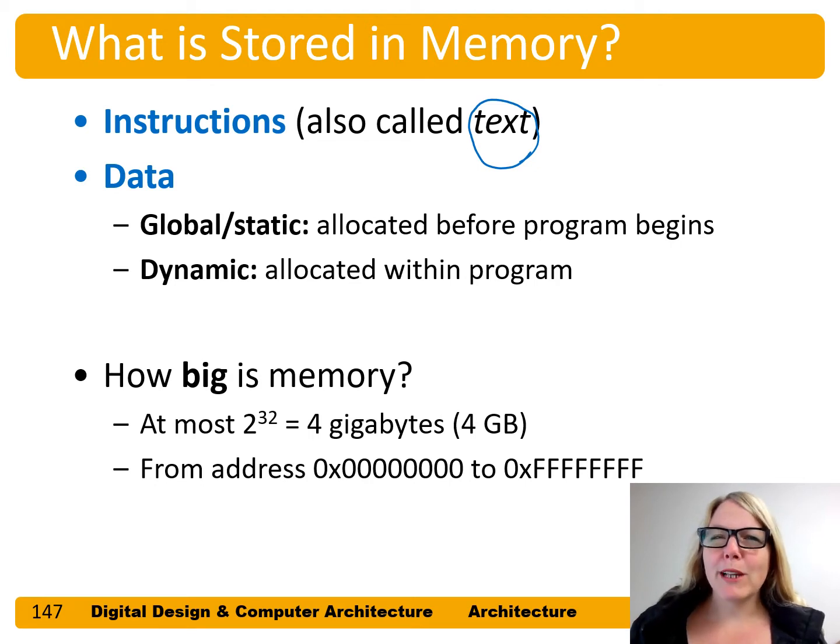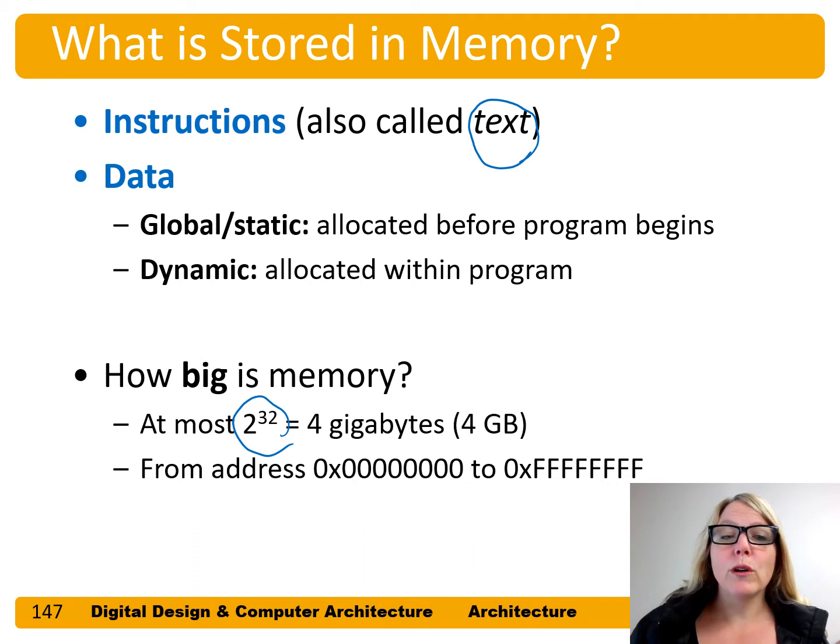How big is memory? How much memory can we access? Well, we have 32-bit addresses, so we can access at most 2 to the 32 equals 4 gigabytes, or 2 to the 2 times 2 to the 30, or 4 gigabytes of memory.